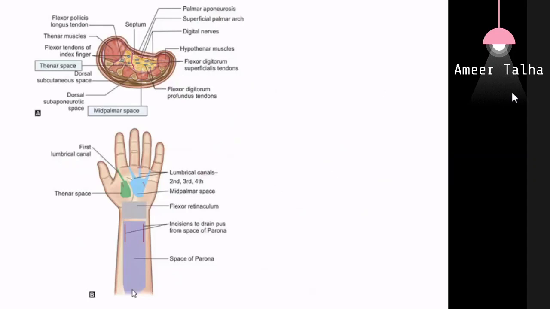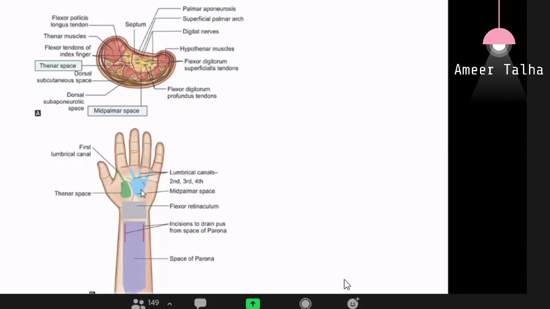So this is the space of Parona. As flexor digitorum profundus originates both from the shaft of radius and ulna, that would be an oblique origin limiting the space of Parona, and the space of Parona inferiorly communicates with the mid-palmar space.